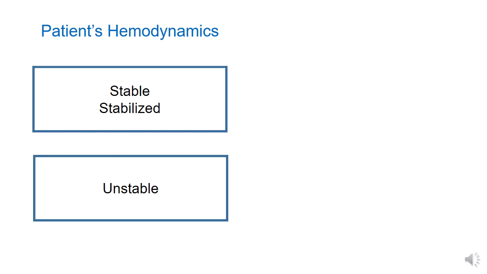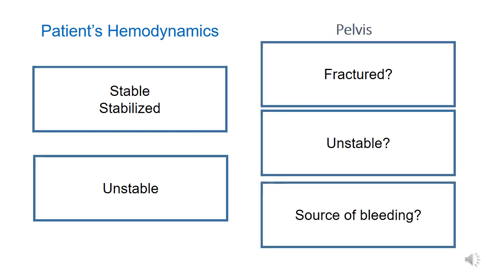What we should do is know if the patient was stable or stabilized before he came to the hospital, or if the patient is unstable. And also, we should guess about the pelvis, as we said, whether it is fractured, and if it is fractured or we suspect fracture of the pelvis, we should know the pelvis will be either stable or unstable.